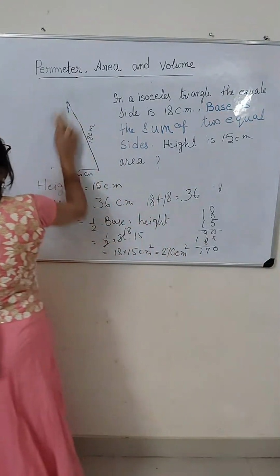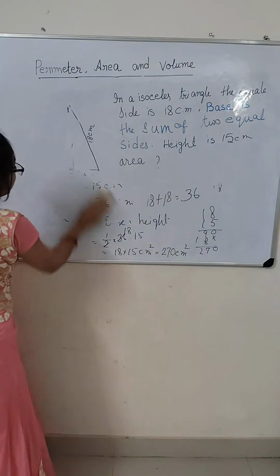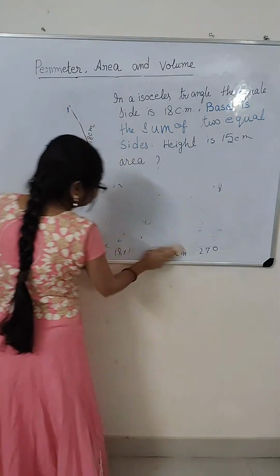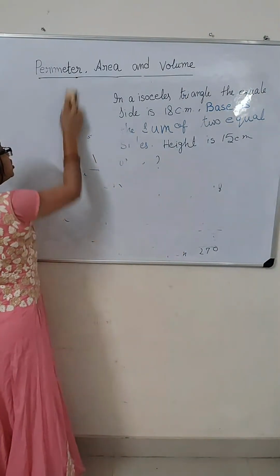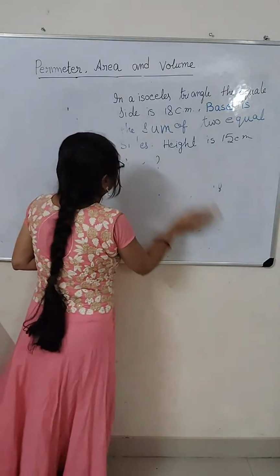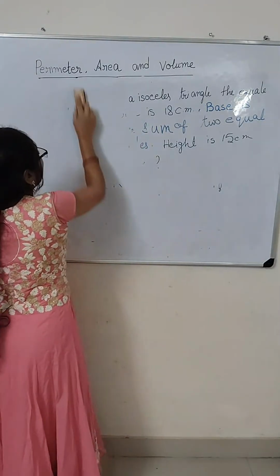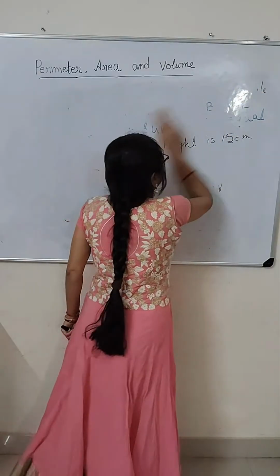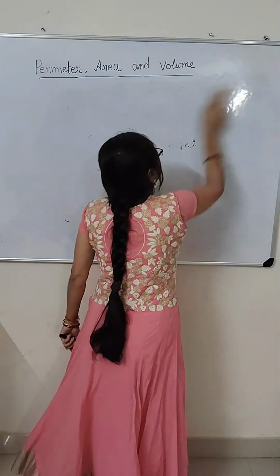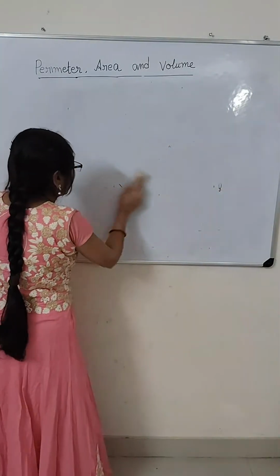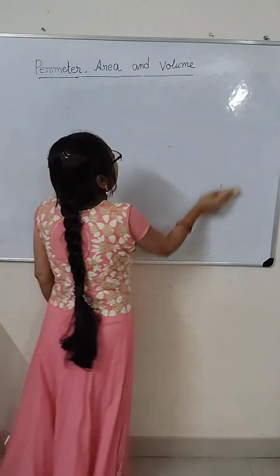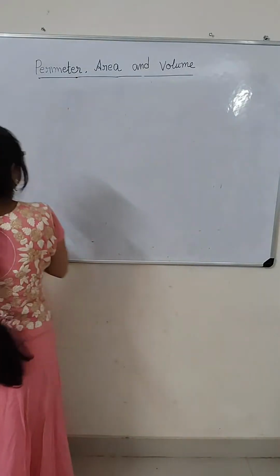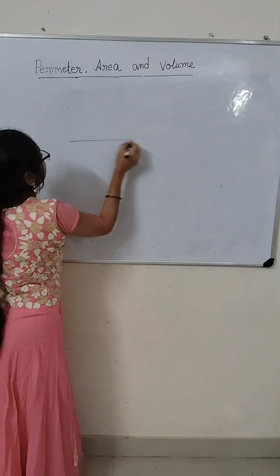And the last one, next one is the last math. It is the volume. In general, where do we find the volume? In the 3D shape, we can find the volume. Today I teach only one shape volume because I will come the next time. At that time I teach you other volumes. Only I teach these 3D shapes.